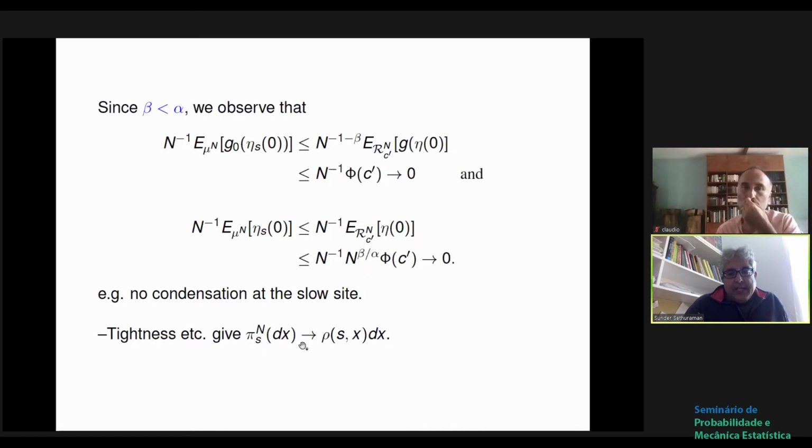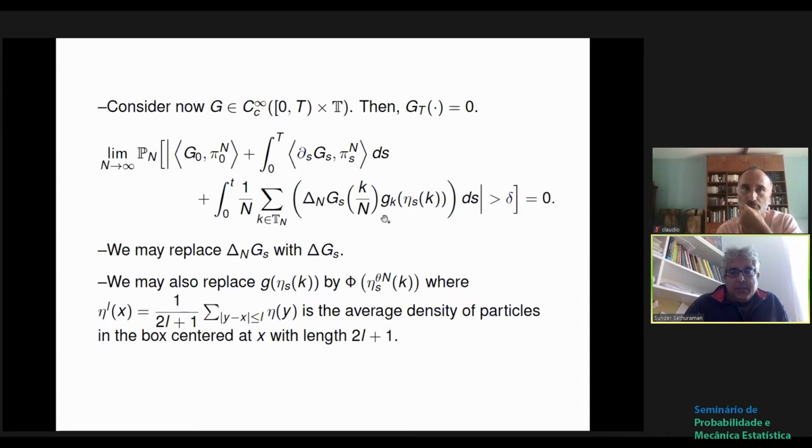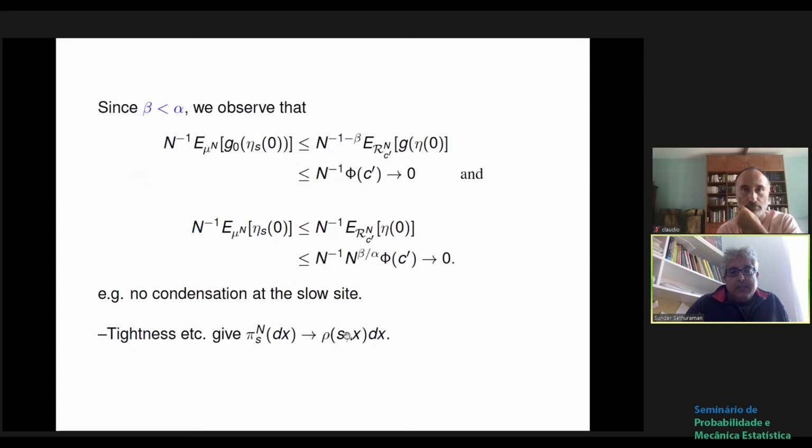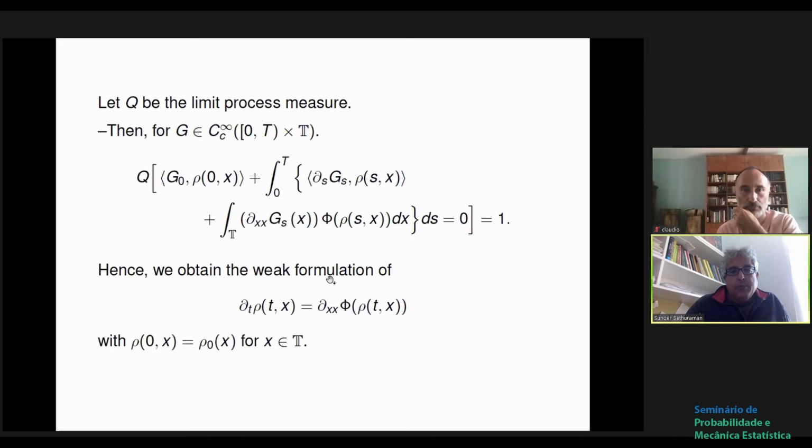So we can prove things are tight, and then we can close up the system and arrive at a limit point. These limit points would satisfy this type of weak equation, and then with a uniqueness criterion, one can push through and get the statement that we wanted.